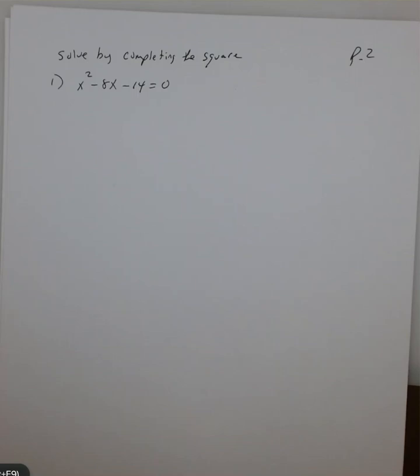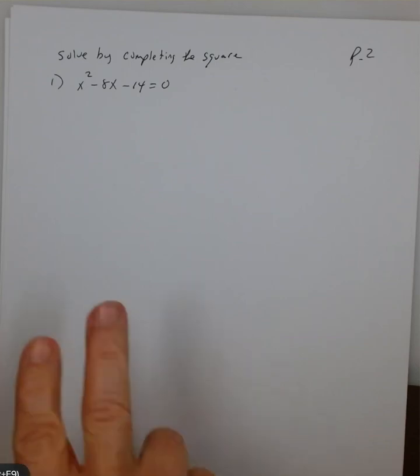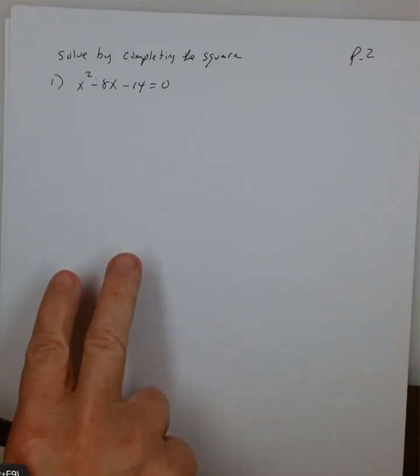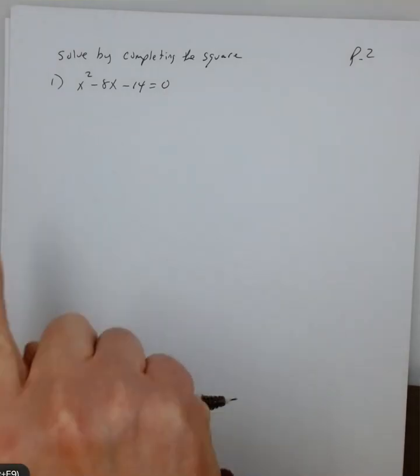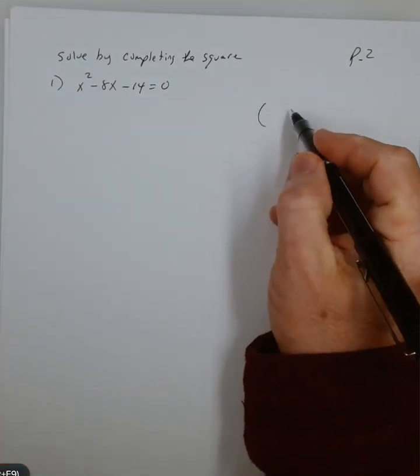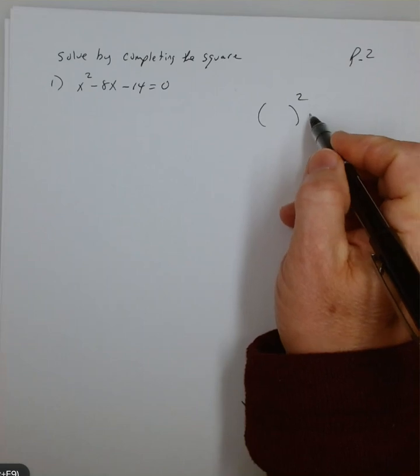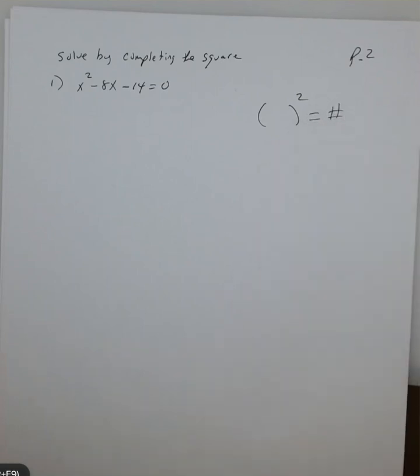So eventually when you're completing the square, what's going to happen is that at some point, this quadratic equation will look like this. Some expression squared equal a number. That's what it's going to look like.